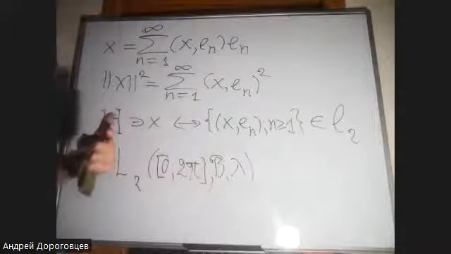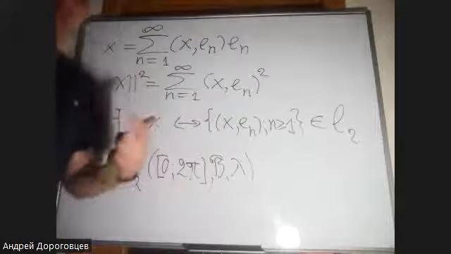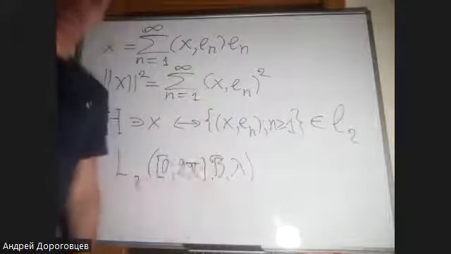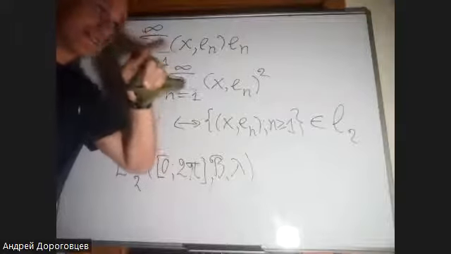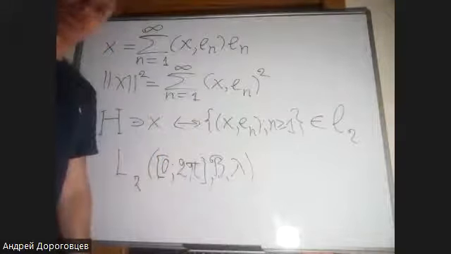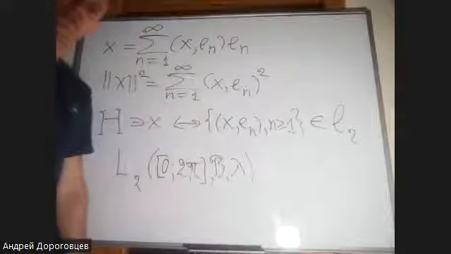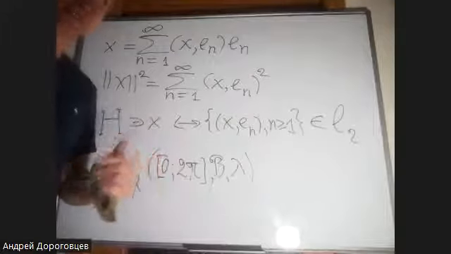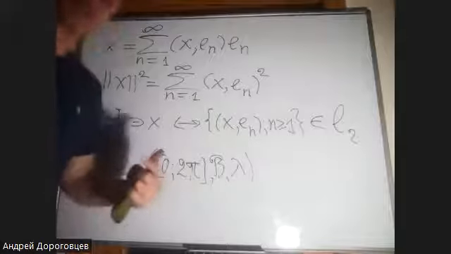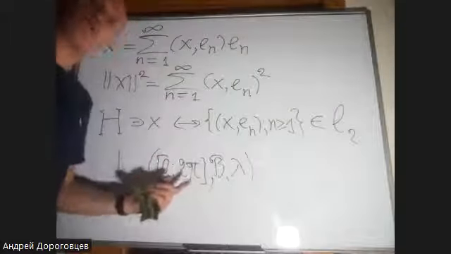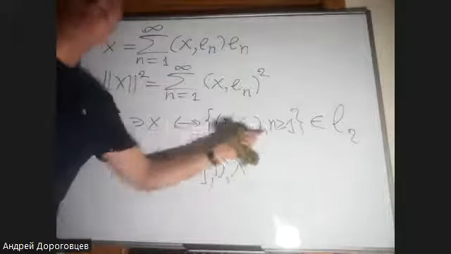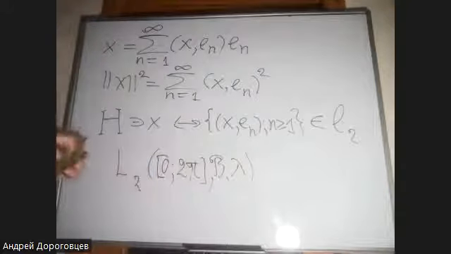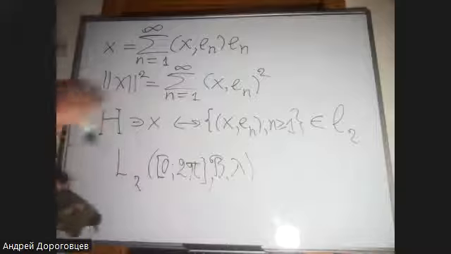But let me ask you: can we easily check by the sequence of Fourier coefficients whether these functions have, for example, a non-trivial interval as a set of zeros or not? If we think a moment about such a question, we understand that sometimes it is better to speak in the language of functions, not of the coordinates in some basis. But formally, as I said, all separable Hilbert spaces are the same. They are at least isomorphic.